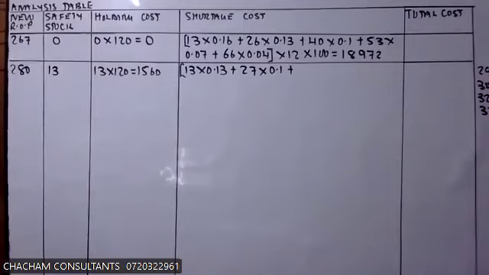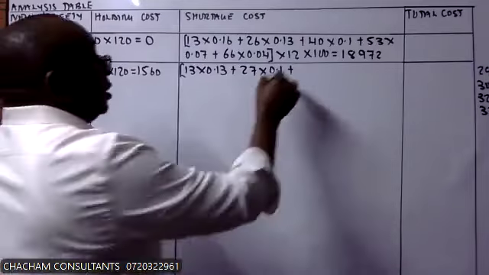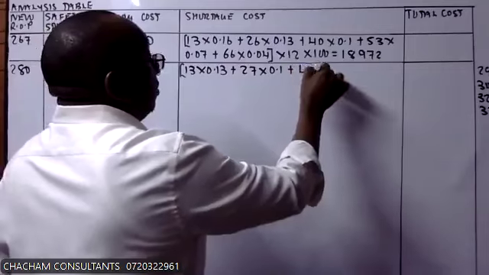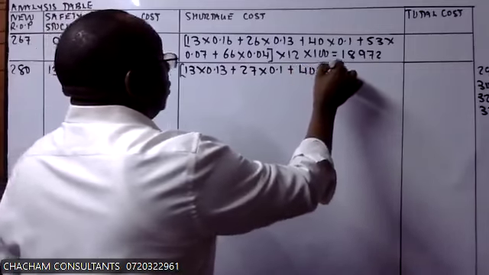Plus, if you go to 320 and you have 280, that gives you a shortage of 40. And the probability of that happening is 0.07.